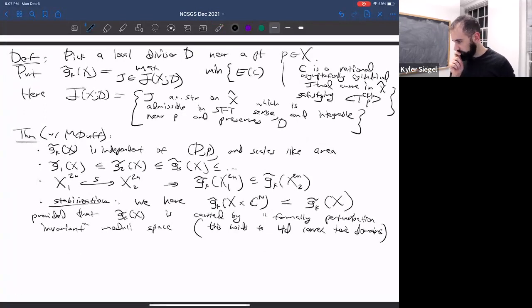Yeah. So where was it? Yeah. So I was mentioning the stabilization property. By the way, you can be a little bit more precise about this. You don't have to multiply by this infinite C^n.